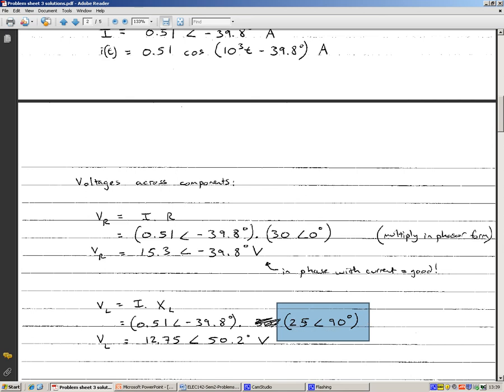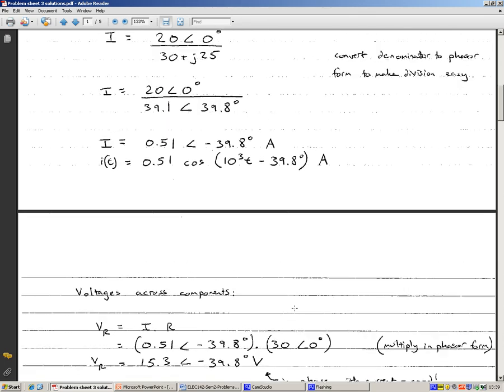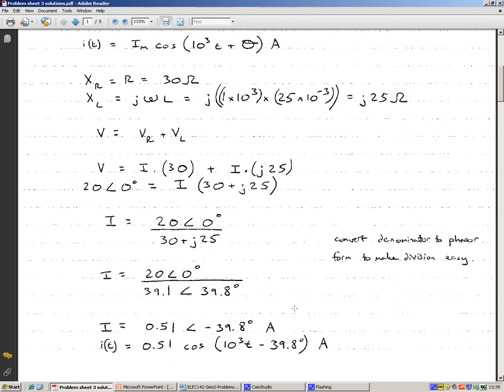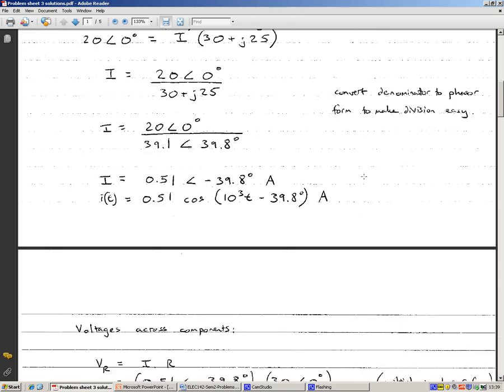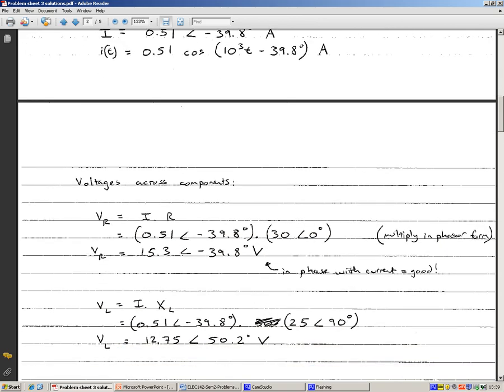This was 25 at an angle of 90 degrees. You can convert this because we had it up here in rectangular form. You can think about it quite simply because it's just J, so it's a magnitude of 25 along the positive imaginary axis, or you can put 0 plus 25J into your calculator and do the conversion that way. It doesn't matter which way you do it.